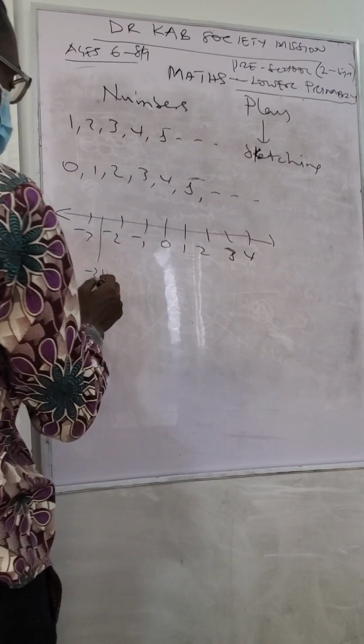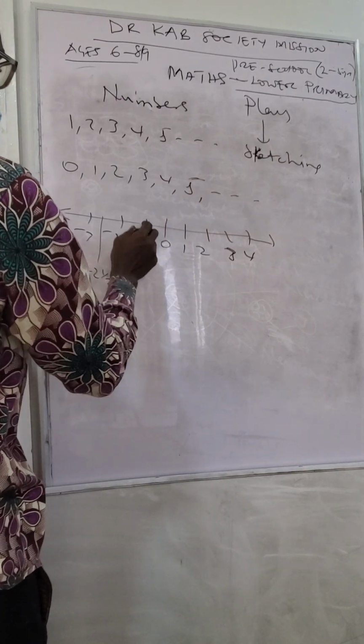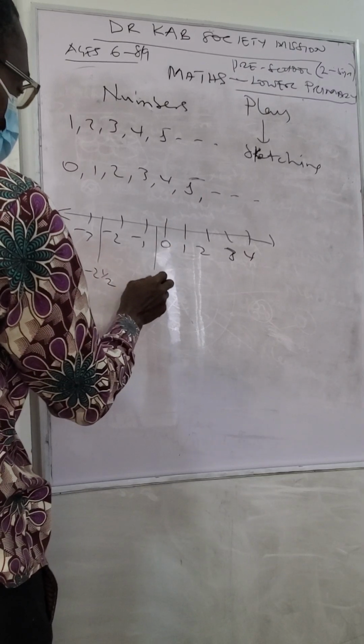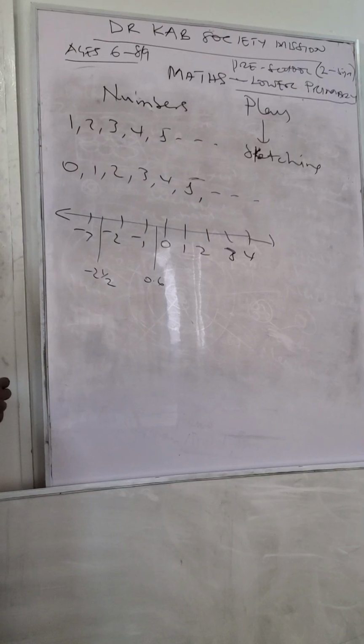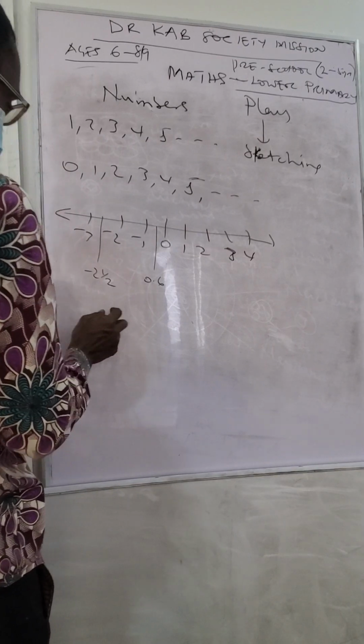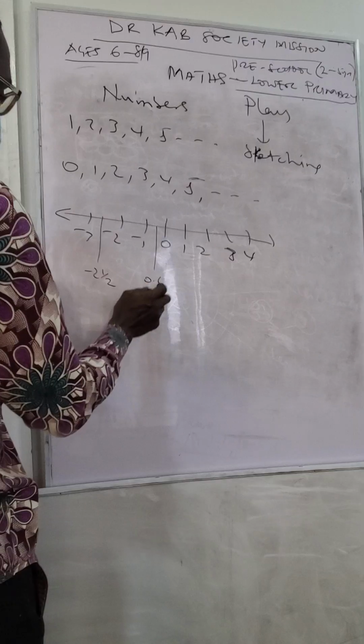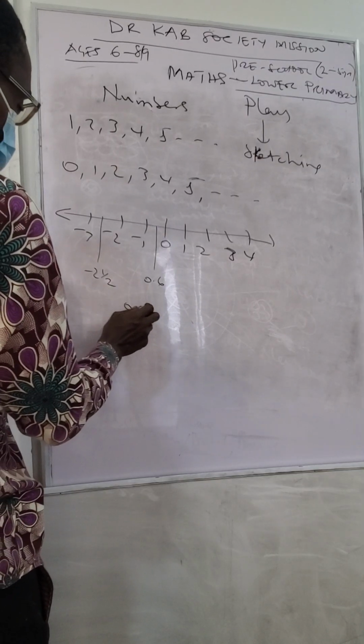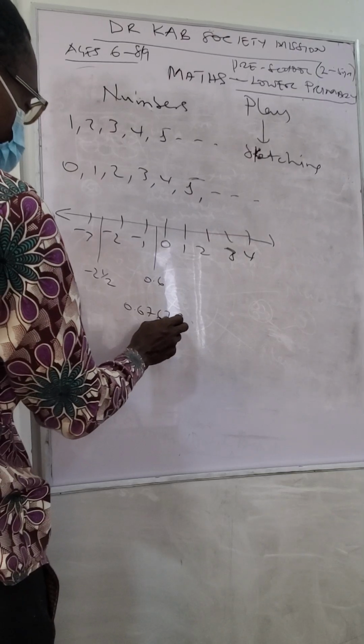Okay? So at other times we may have decimals. We can have a decimal here, maybe 0.6. Then we can have one where the decimals will never end, maybe 0.6768.